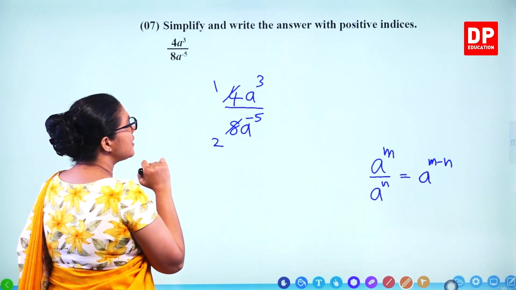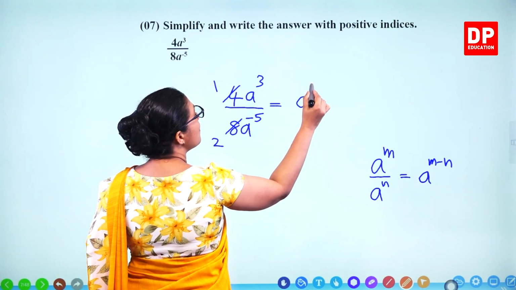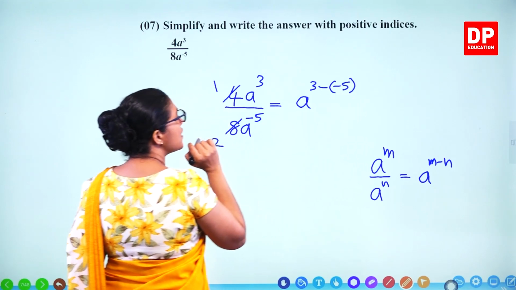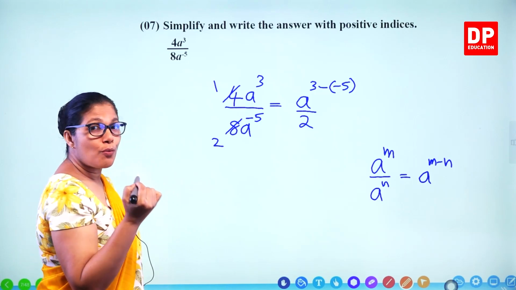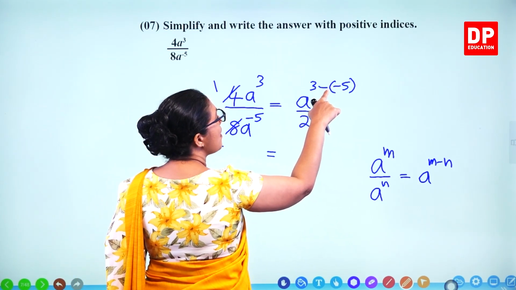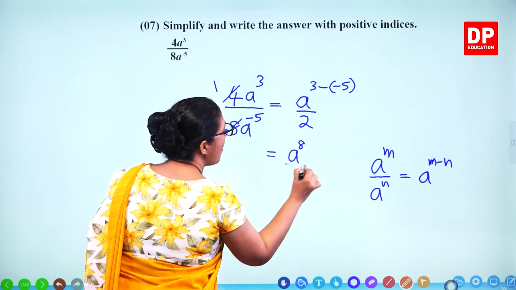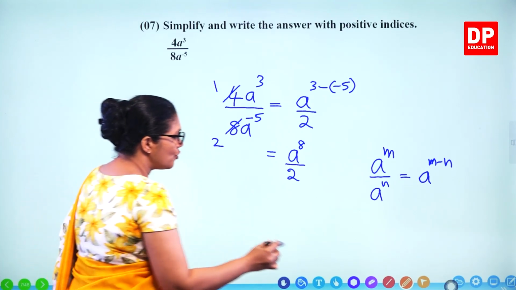So you can use that theory. a to the power 3 minus minus 5 comes here and 2 in the denominator. So what's the power of a? 3 plus 5, 8. a to the power 8 divided by 2. So 2 marks for that.